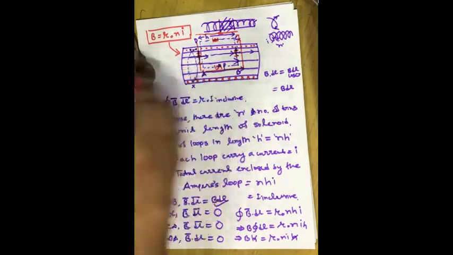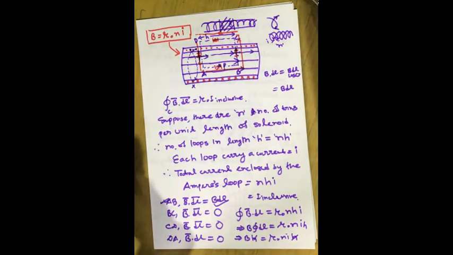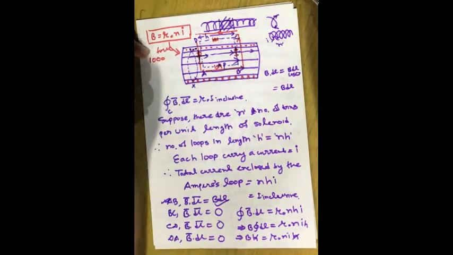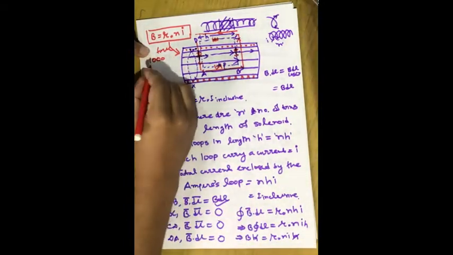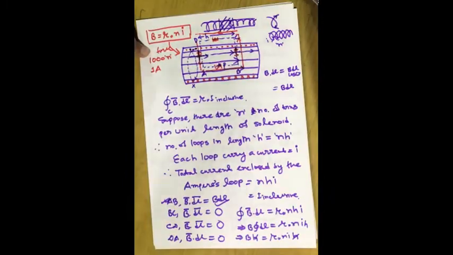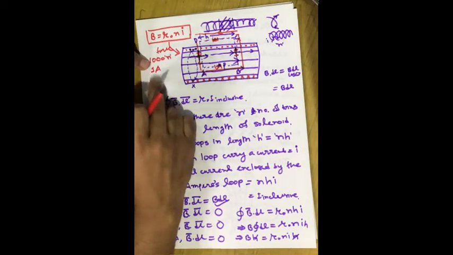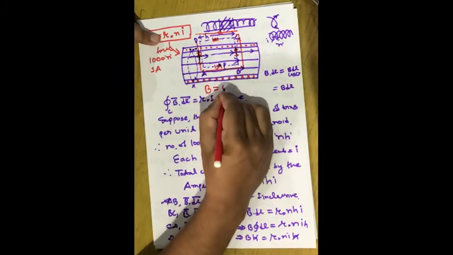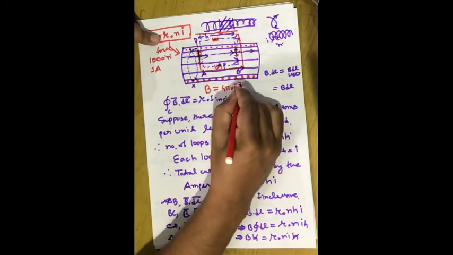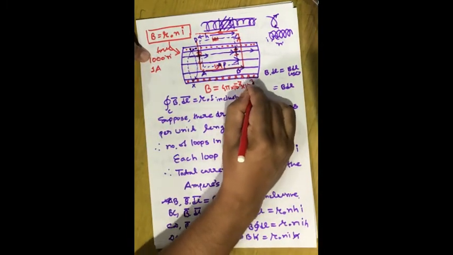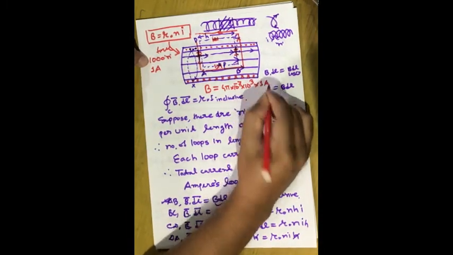Suppose you are given a solenoid and you are told that there are, say, 1000 turns, and the current flowing through each turn is equal to 1 ampere. So the number of turns per unit length is n, and there is 1 ampere of current. So the value of the magnetic field will be B equal to mu naught, which is 4 pi into 10 to the power minus 7 Tesla, times the number of turns per unit length, say 10 to the power 3, times 1 ampere of current.